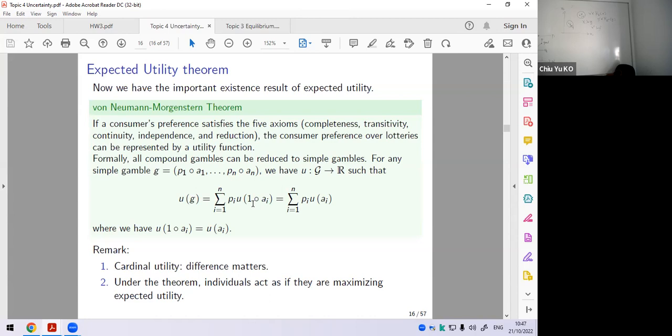It's very important: this axiom is not saying people have a utility and they maximize it. Same as in the first topic, we are not asserting people have utility, but rather we have a framework. If we can estimate or know the utility, then we can predict or explain what they're doing.